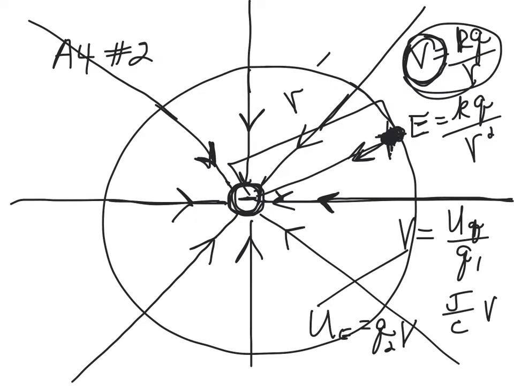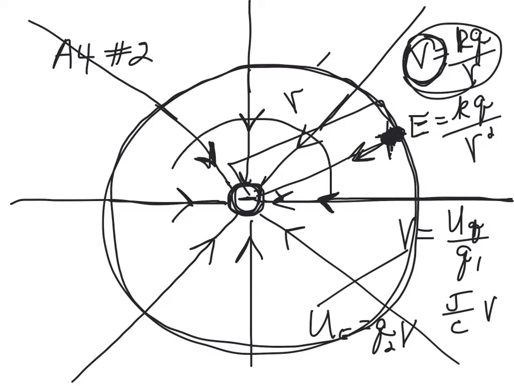Well, you'd put in K, you'd put in Q, and you'd put in R, and you'd get a number. And supposing it were 20 volts, then everywhere on this line would be 20 volts. Actually, negative 20 volts, since it's a negative charge. And if we go where R is half the distance, we would have a circle where everything was 40 volts. And if we went out twice the distance, we'd have a circle where everything was 10 volts.